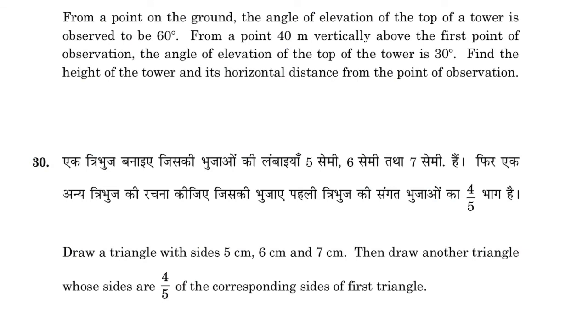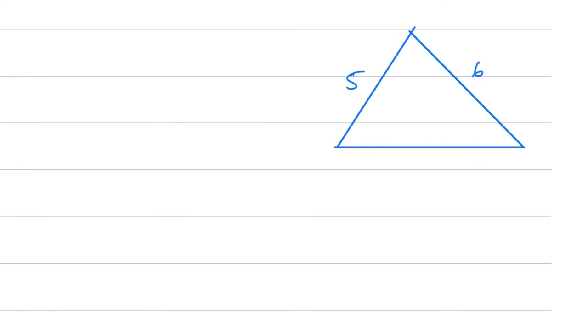30th question. This is a question on construction and we have to draw a triangle with sides 5, 6 and 7 centimeters, and we have to draw another triangle whose sides are 4/5 of the corresponding sides of this triangle ABC.